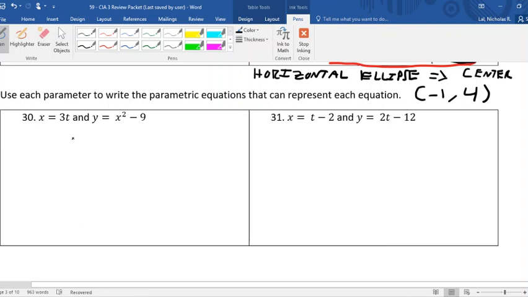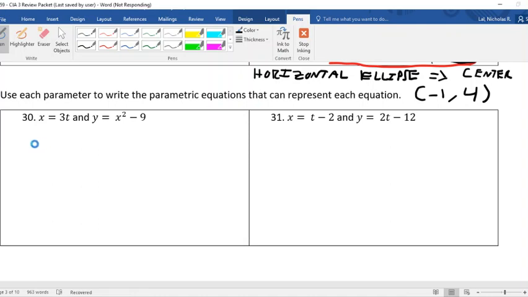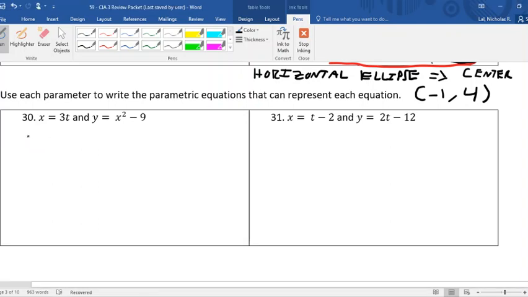So we're going to have to isolate t. So t is equal to x over 3.